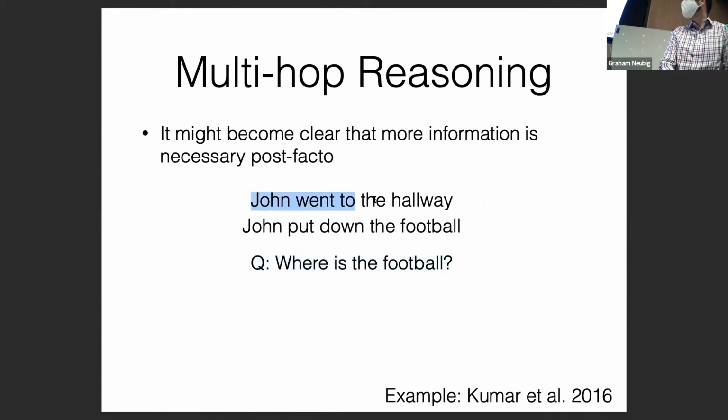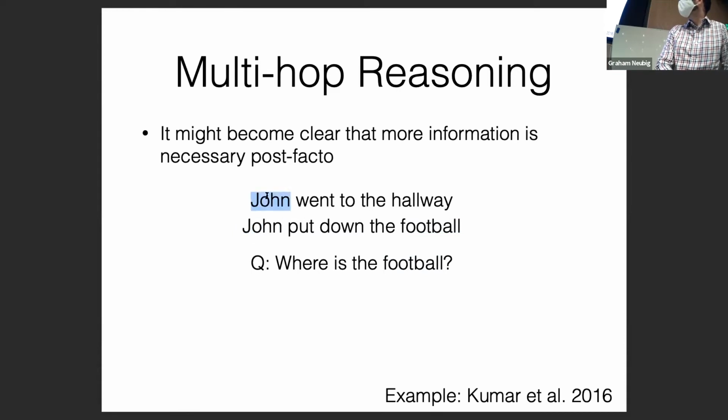And you have something like, John went to the hallway and John put down the football. If you want to figure out where the football is, first you look at the football, then you look at John, and in order to figure out where the football is, you need to know where John was at this point.